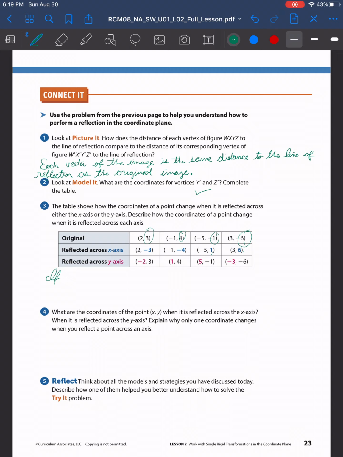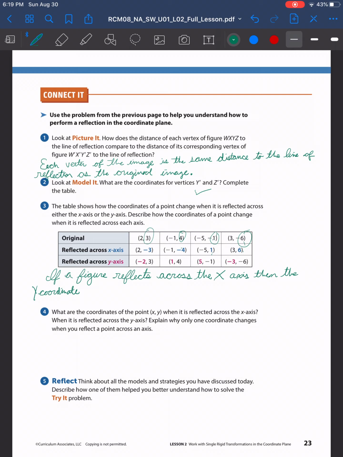If a figure reflects across, oops, not 2 C's, the x-axis, then the y-coordinate changes to the opposite of what it is.